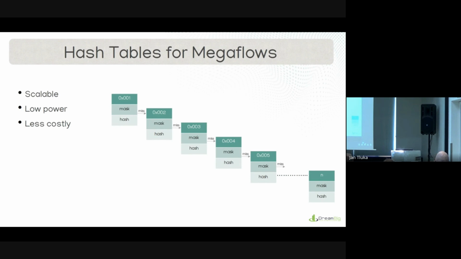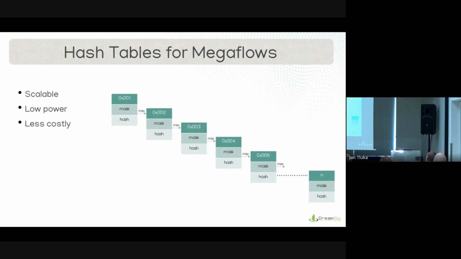If the rule is not found, it then searches the second table and continues searching sequentially through subsequent tables until the desired rule is located. This hashing approach can address the scalability and power issues, which are the main concerns with TCAM.